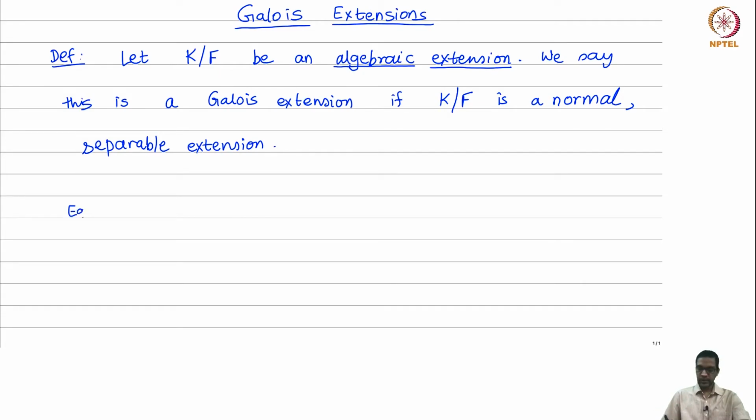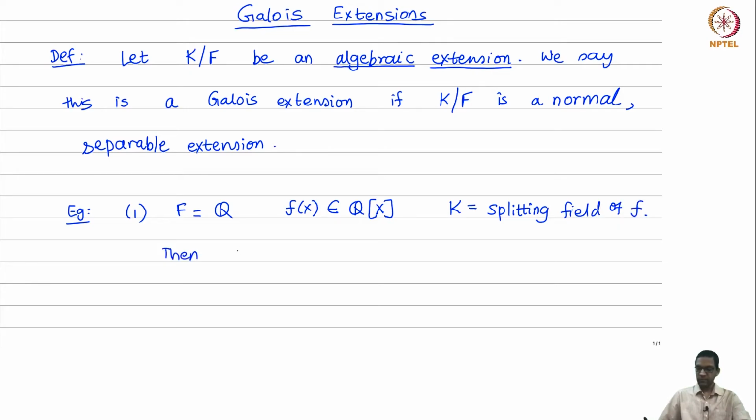And so quickly let's see the examples. If I take my base field F to be the field Q, and if I take any polynomial f(x) in Q[x], and define K to be the splitting field of this polynomial f, then K over F is automatically Galois.